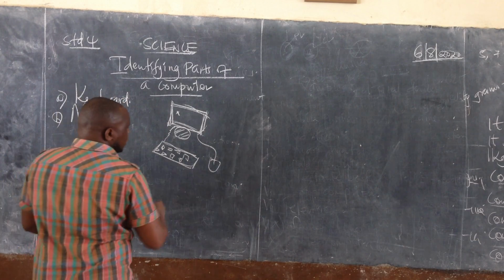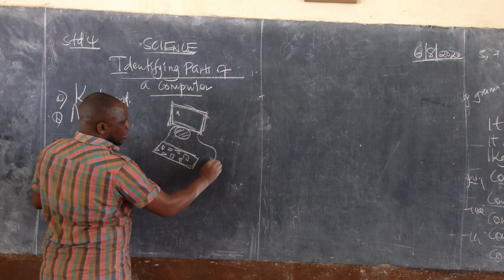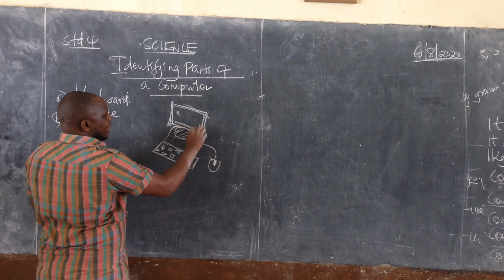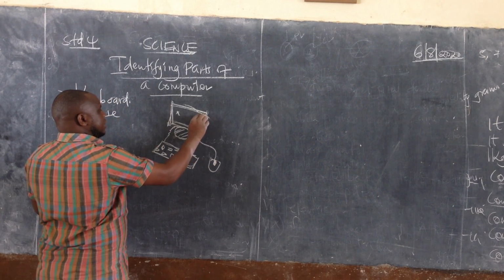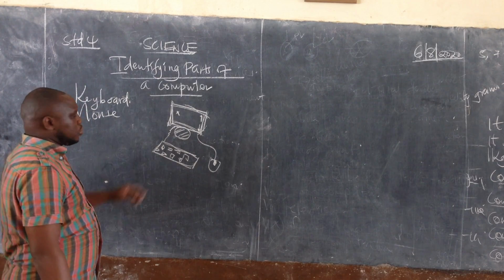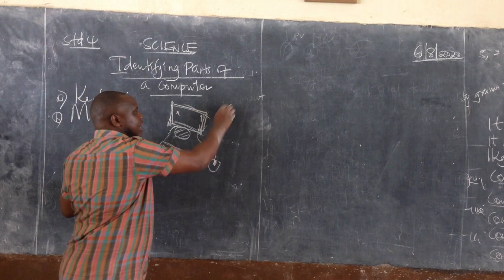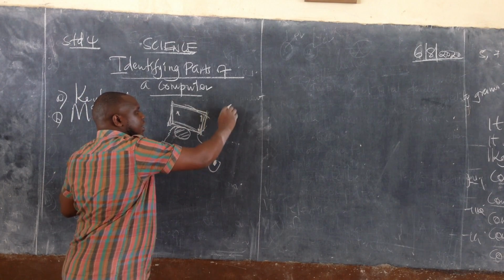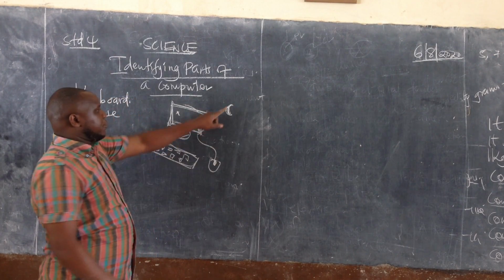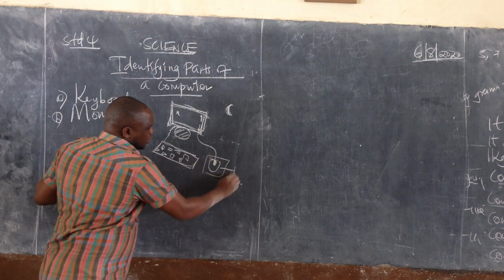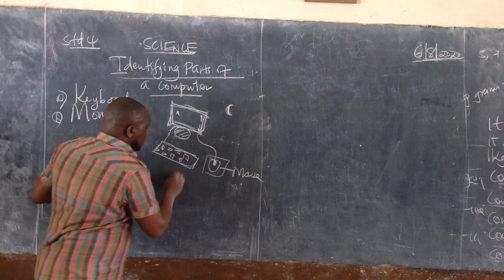It's controlled using a device where we have something here that, when you press this one, takes you up or down. You scroll up or down using this part. Just press it and it rotates. So this whole thing is what we call a mouse. So that is the mouse. This is the keyboard.